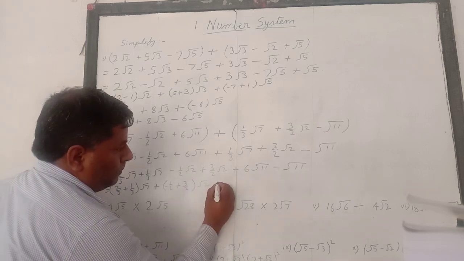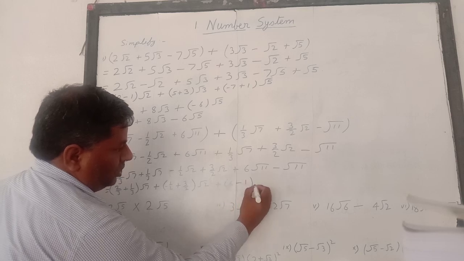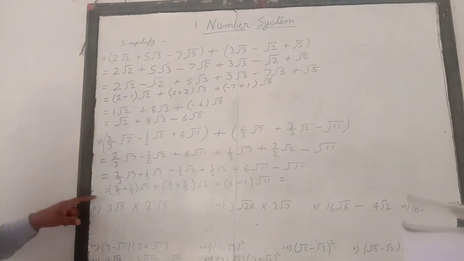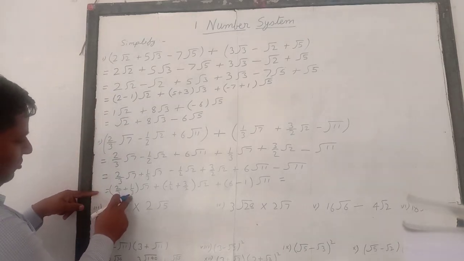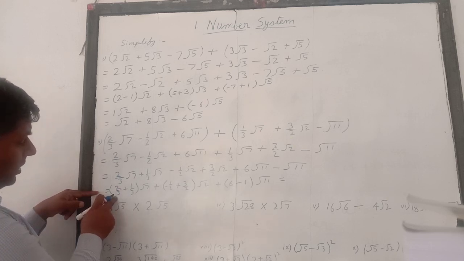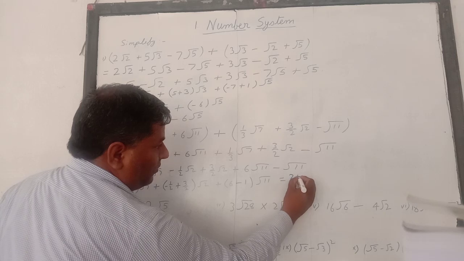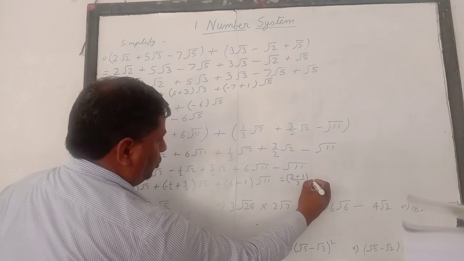Next (6 minus 1) into root 11. Now how can we add these? You can see here we have 2 by 3 plus 1 by 3. The denominator is the same, so we can write (2 plus 1) by 3 into root 7.